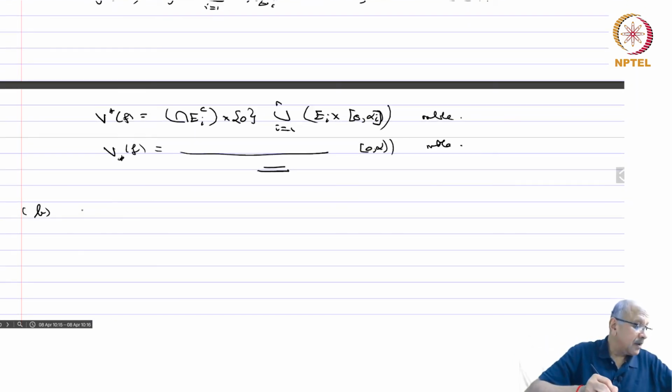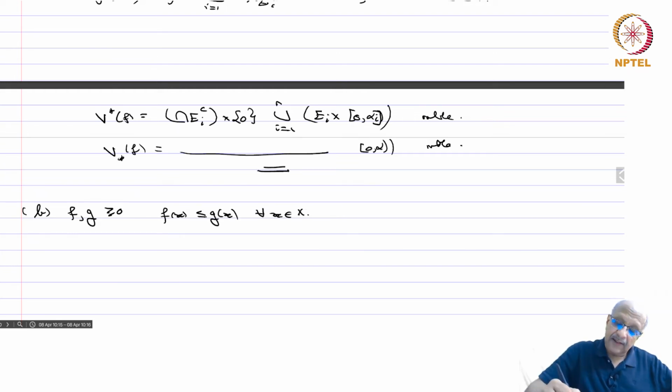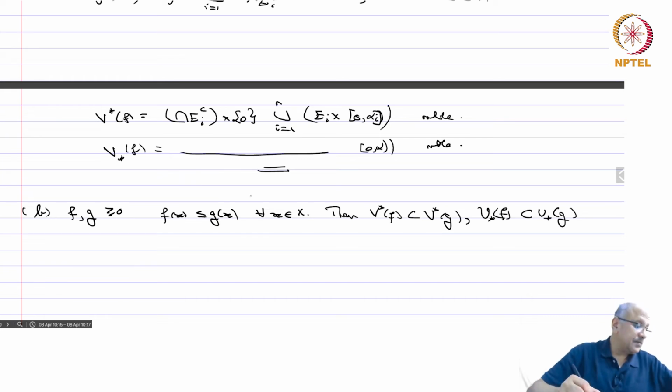B, f, g non-negative, f(x) less than or equal to g(x) for all x. Then V^* f is contained in V^* g, and V_* f is contained in V_* g.